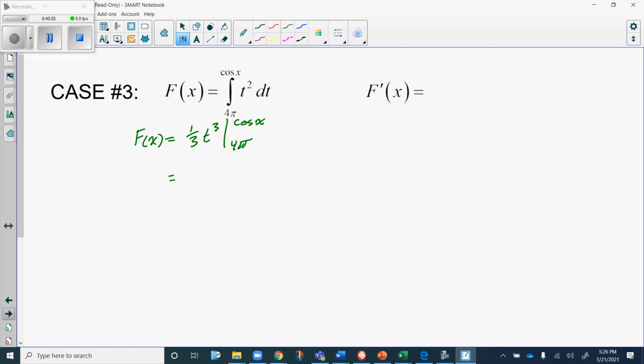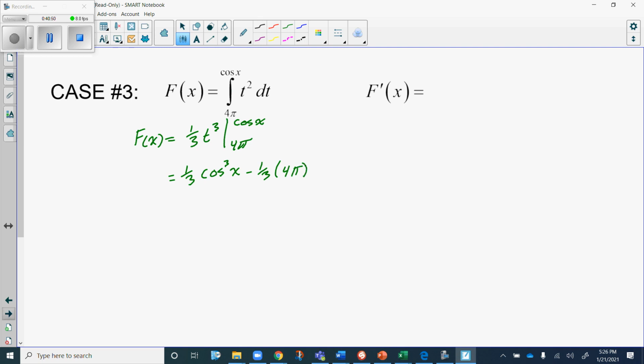So do your substitution the way we did on those earlier examples. Put in the upper bound first. So I'm going to say 1/3 times, in this case, cosine cubed of x. And then we'll say minus the 1/3. And in this case, it would just be 4 pi cubed.